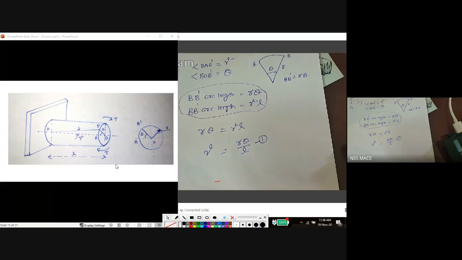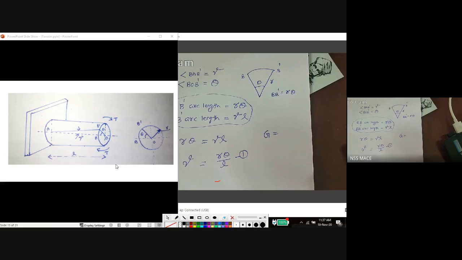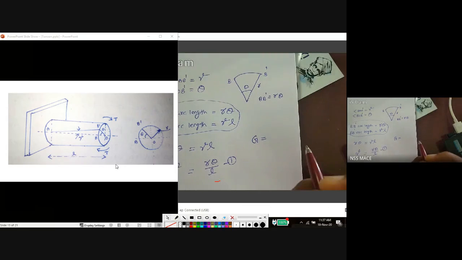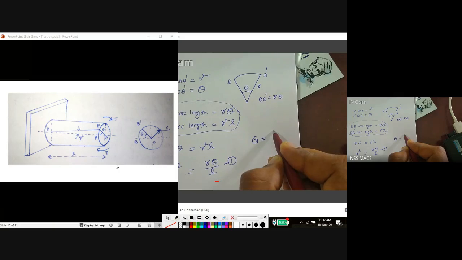What is G? Shear modulus, or modulus of rigidity, is equal to shear stress by shear strain.